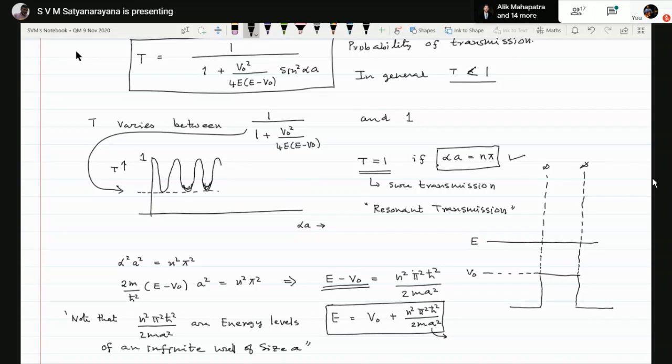Okay, of size a. So from the top of this barrier, if your energy is equal to one of these particle in a box energy levels, then there is a sure transmission.